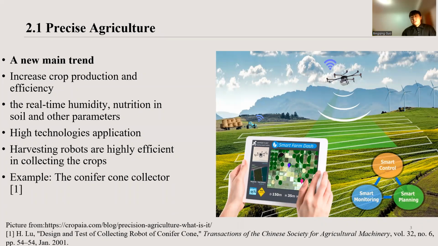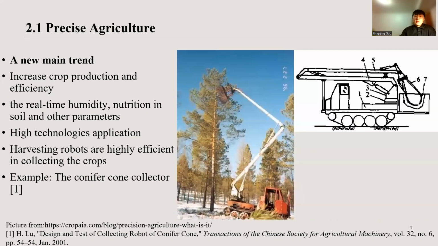High technologies are used a lot in this process, from satellites to sensors, and the robot plays a critical role in increasing the efficiency. For instance, the conifer corn collector can collect 500 kilograms of large corn in 6 hours, which is 30 to 35 times more than that done by a human.